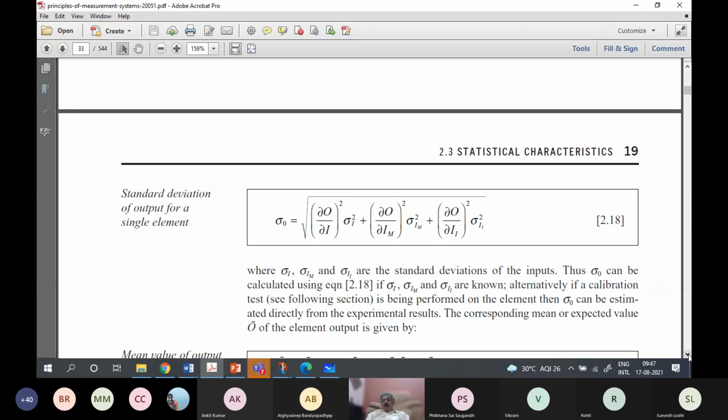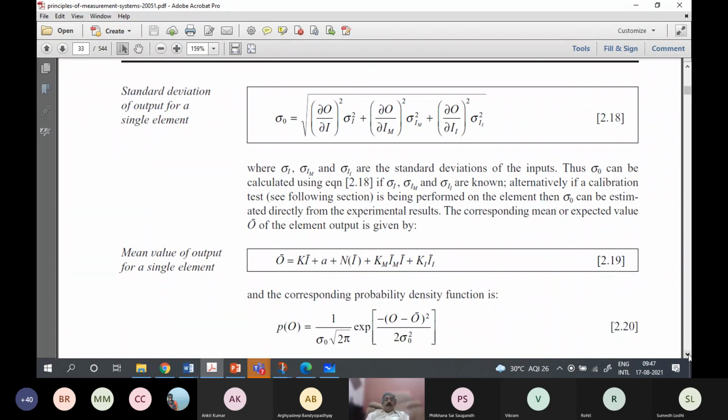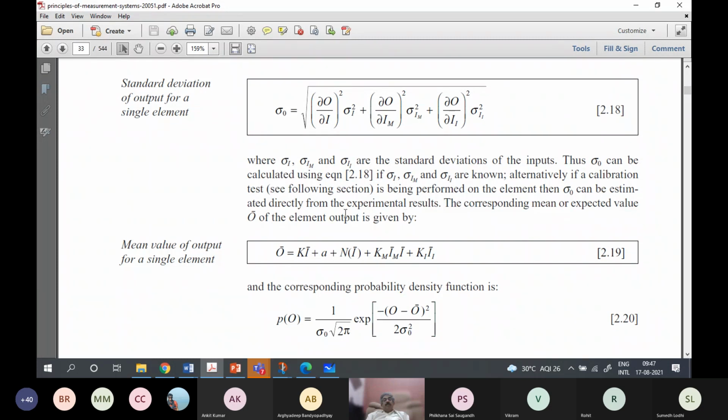So now, you can see the output as a random variable.